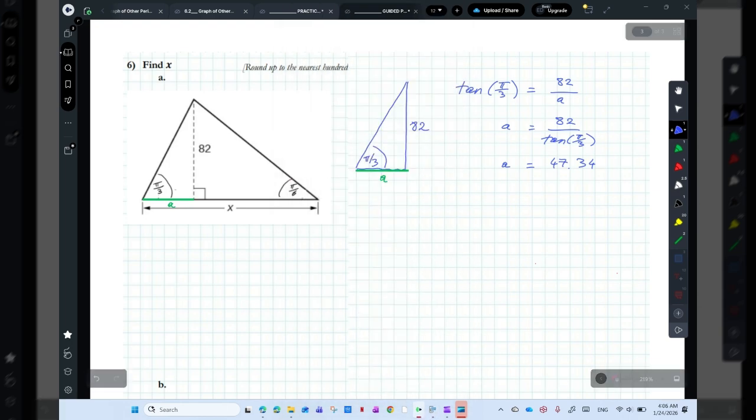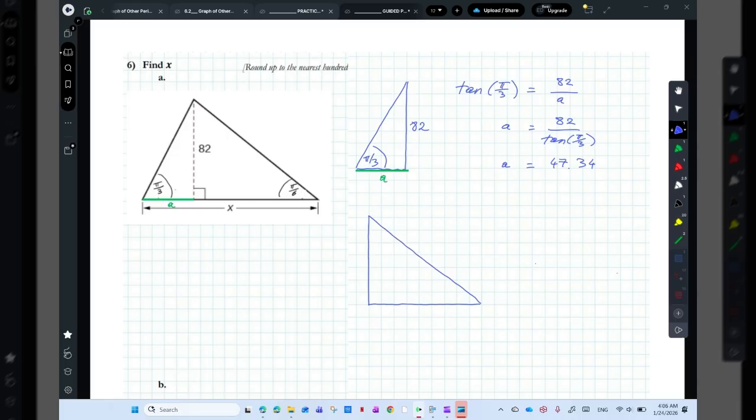And then I'm going to isolate the second right triangle. I've got 82 for that leg, and pi over 6, which is 30 degrees.